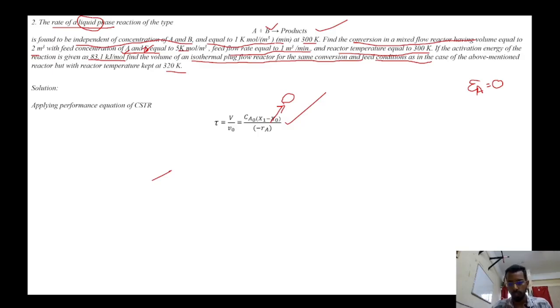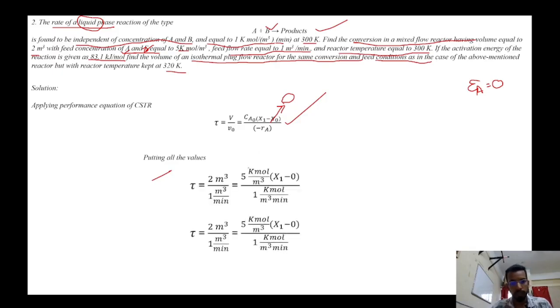Okay, now putting all the values, we will get this. Meter cube will cancel out, minute will cancel out, kilomole will cancel out, meter cube. We see that we need the value of conversion, and that is unitless, so we will get 0.4. That is the first part, that is the conversion in the CSTR, continuous stirred tank reactor.